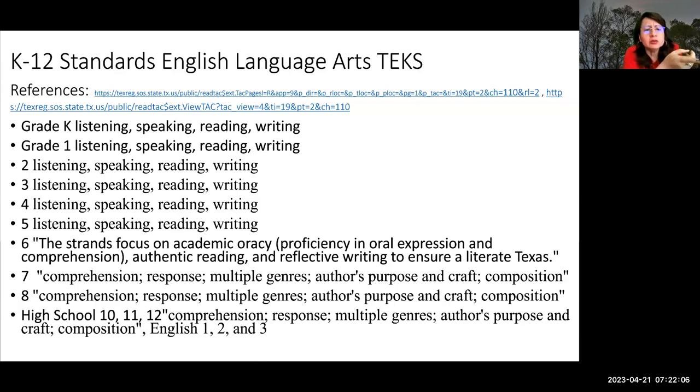So grades 6 through 12 change a little bit. The strands focus on academic oracy, authentic reading, and reflective writing to ensure literary text comprehension, response, multiple genres, author's purpose, and craft composition. Okay. So again, they are very similar. K to 12, they emphasize listening, speaking, reading, and writing, okay, for the English language arts.